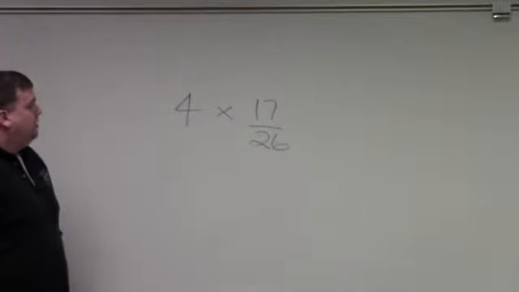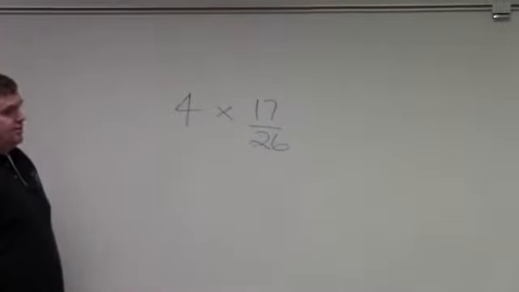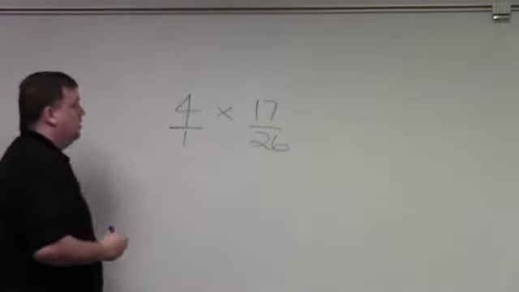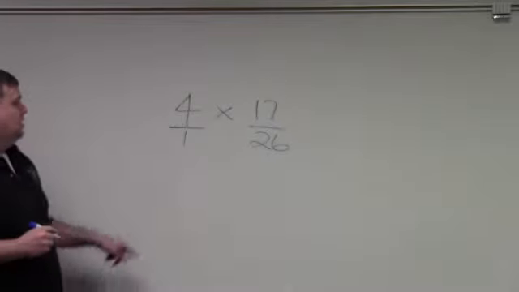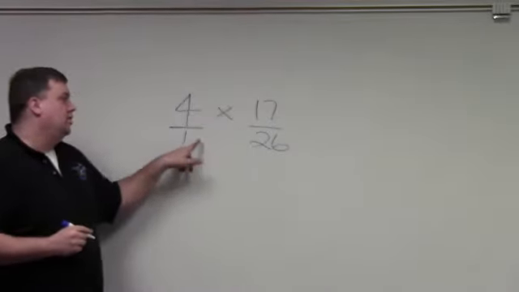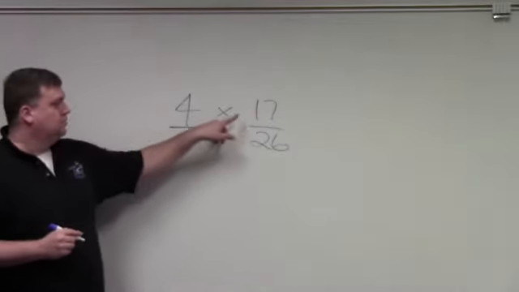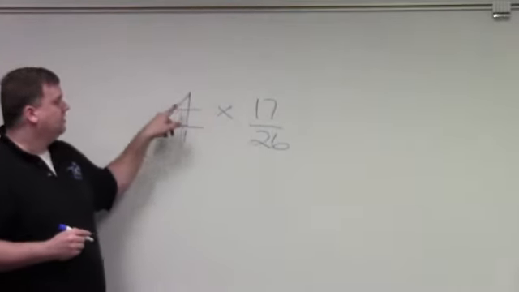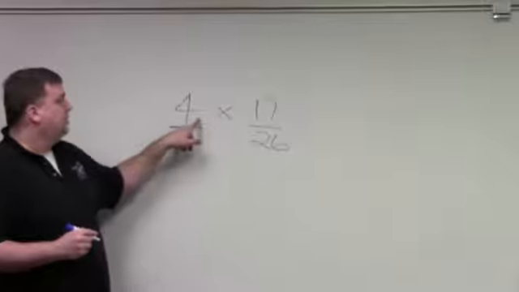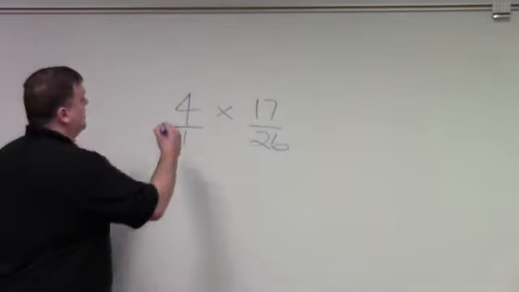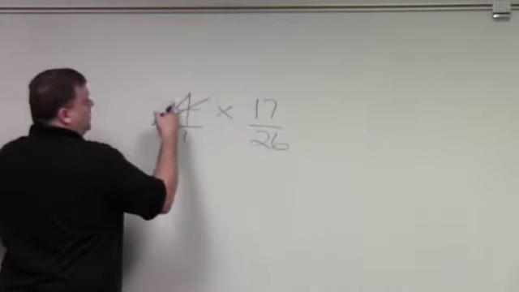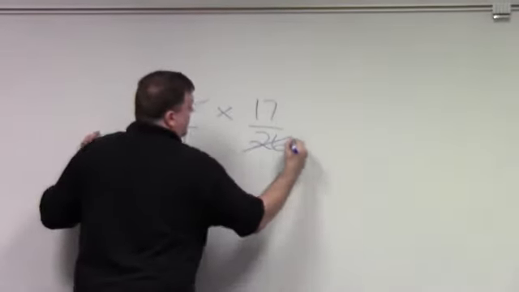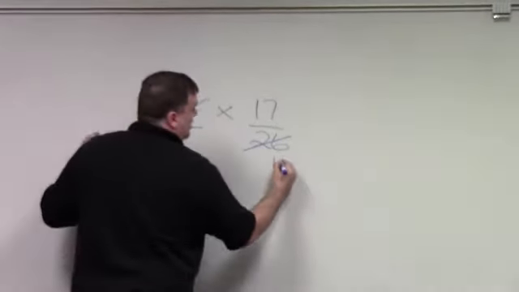So how can we rewrite 4 to turn it into a fraction? 4 over 1, correct. So let's look at my diagonals. Anything really common besides 1 with 1 and 17? No, we'll leave that one alone. What about 4 and 26? 2, we can divide both of those by 2. They're both even. So 4 divided by 2 is 2. 26 divided by 2 is 13.